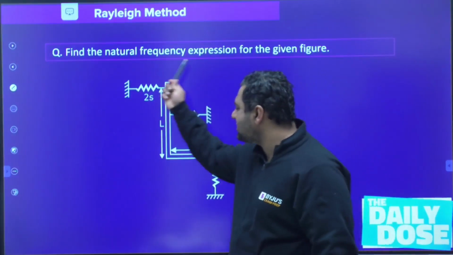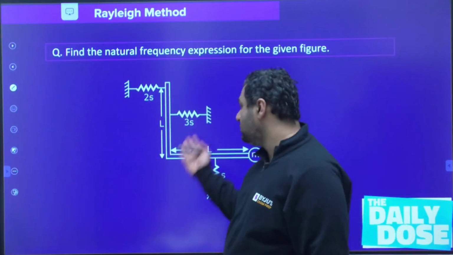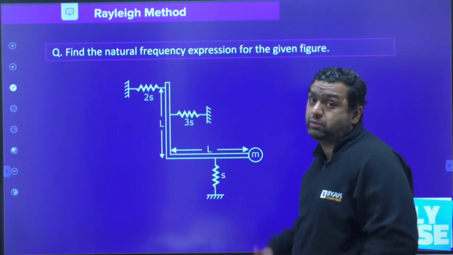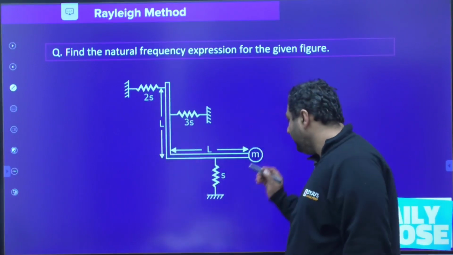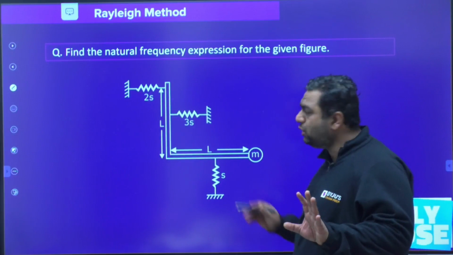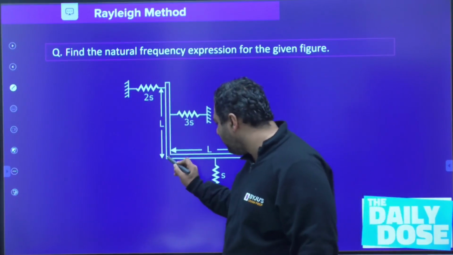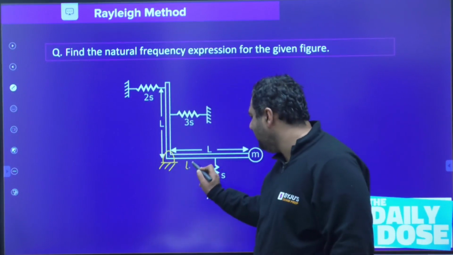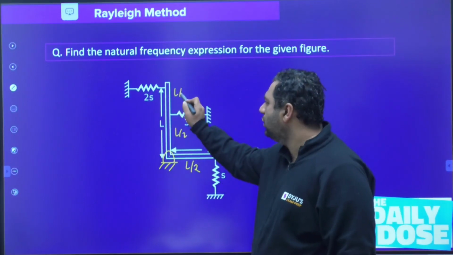Now, if you see this type of question, the majority of students will leave it. They will see it as a very big and lengthy problem. But my dear, for such problems, the Rayleigh method is just like a blessing. You see only one point mass in this question. Two or three things are absent in the figure, I am telling you. Actually, here is a hinge support, and it is symmetrical, L by 2, L by 2, L by 2 and L by 2.